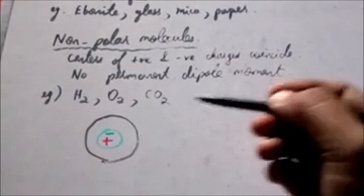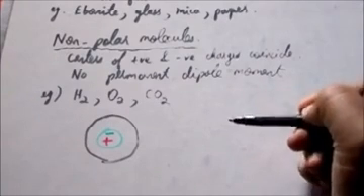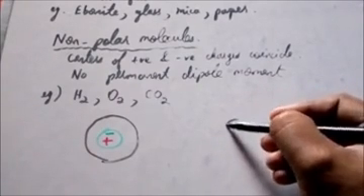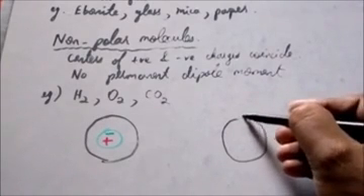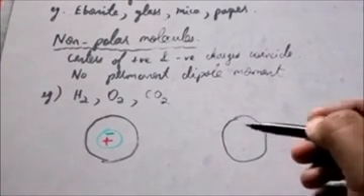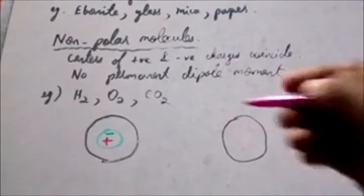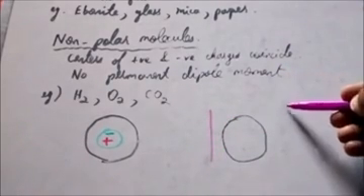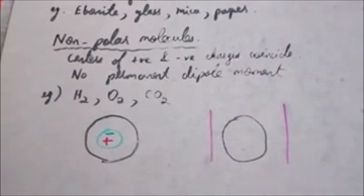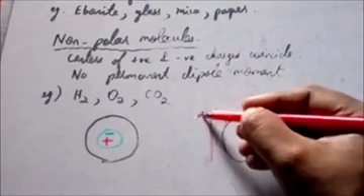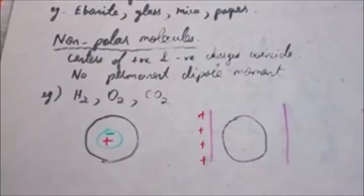Then let's see what happens if we keep them in an electric field. I'll take this molecule here. Then we'll keep two metal plates here, like this. The first plate has positive charges, and the second plate has negative charges.